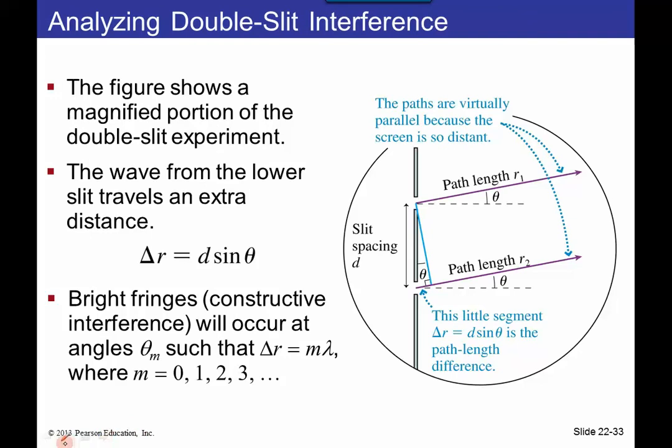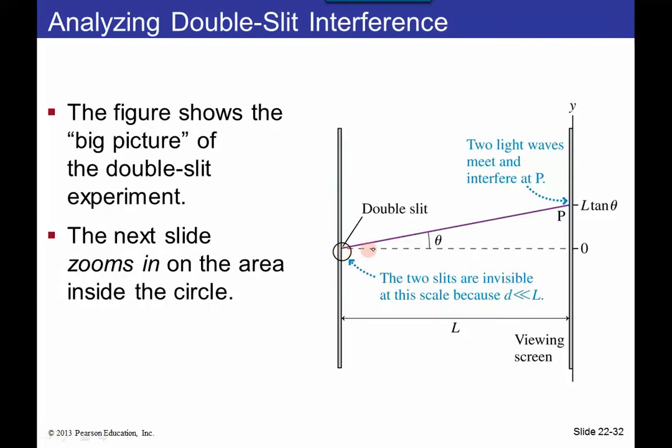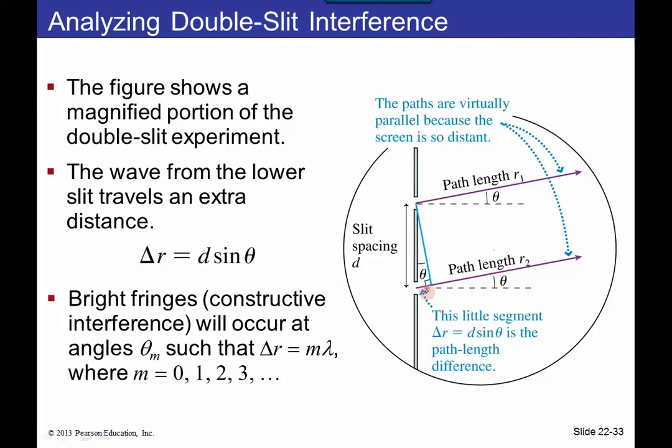Now that we understand the trigonometry, let's look at a zoom of this here. What we are going to assume is that this distance L is much bigger than the separation between the two slits. If that is the case, then light coming from these apertures is pretty much parallel. And then all we need to do to calculate the phase difference is to get this distance here, from here to here.